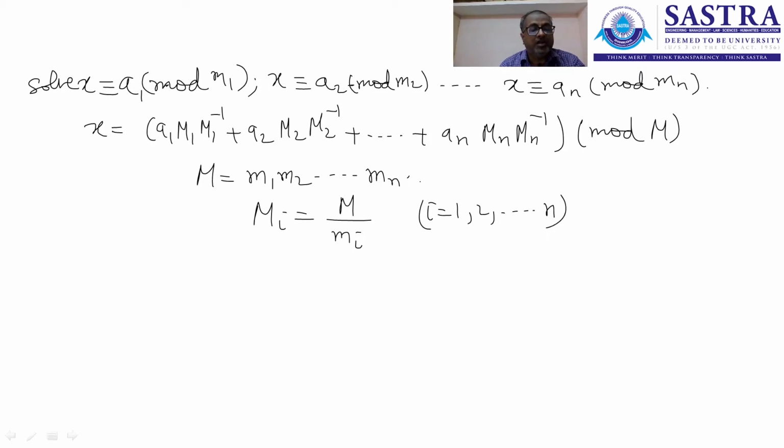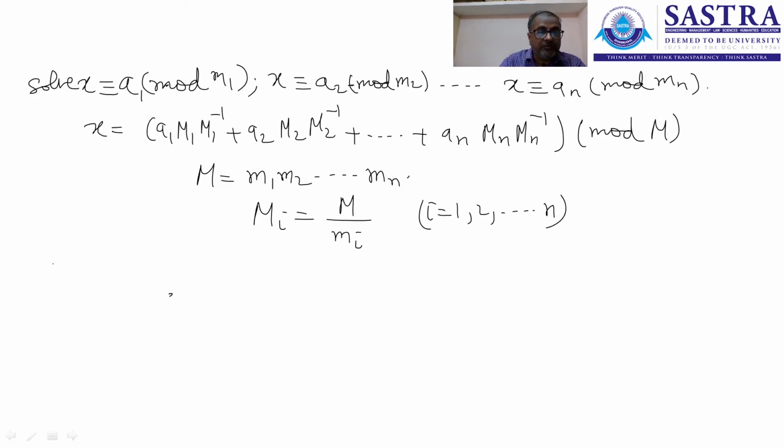So now it consists of three stages. First stage is finding out M. The second stage is finding out the Mis. Then finding out the corresponding Mi inverses, and then using this expression to find the solution to the given system of linear congruence equations.